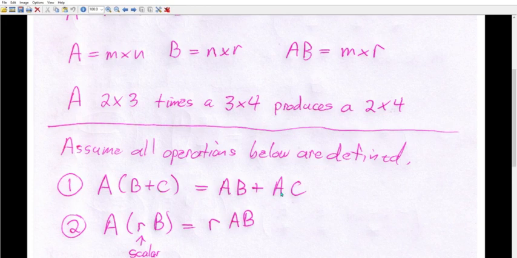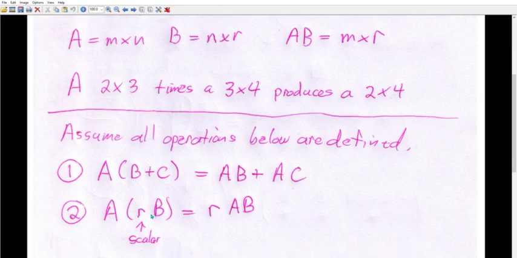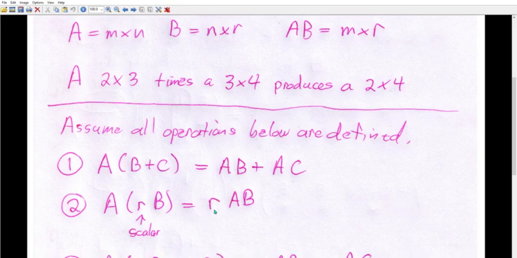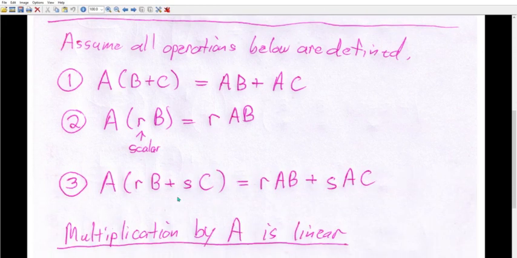This should look like a fairly familiar property, and in fact, if a scalar multiplies the matrix B, A times RB, the scalar just slides out in front, and it's RAB. And if we combine these two, we're going to see that A times (RB plus SC) is RAB plus SAC, which ought to look very familiar.